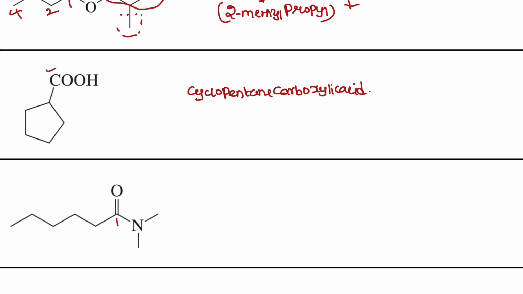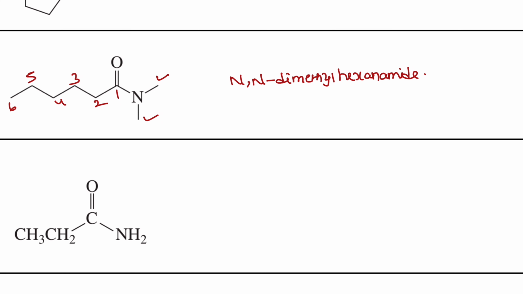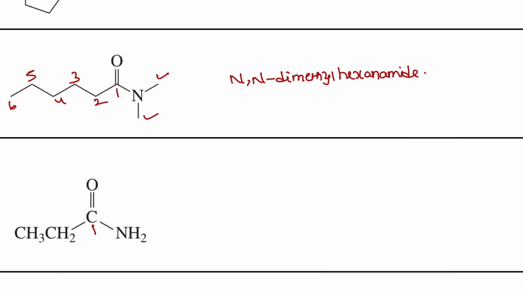Tertiary amide, first carbon, second, third, fourth, fifth, and sixth. Methyl group, N,N-dimethyl hexanamide. A primary amide.